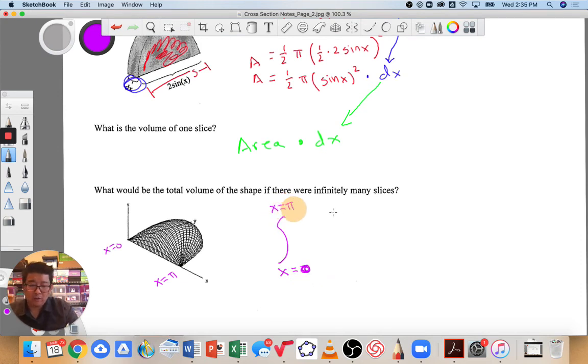And this part right here will always be the area. Our area for one of our cross sections is 1/2 pi sine x squared, and then times thickness, which is our dx. This area has units squared and thickness has one unit, like centimeters squared times centimeters, you get centimeters cubed, which is volume. So that's how this works.